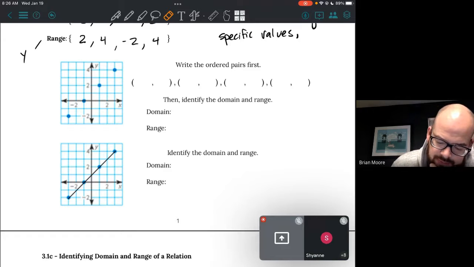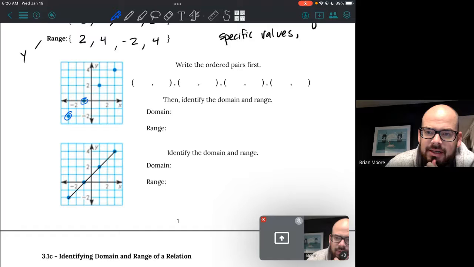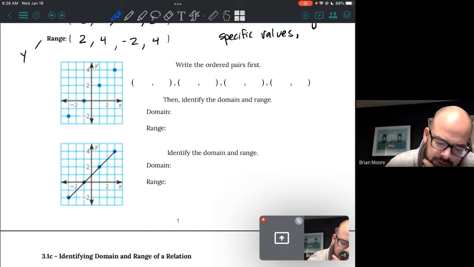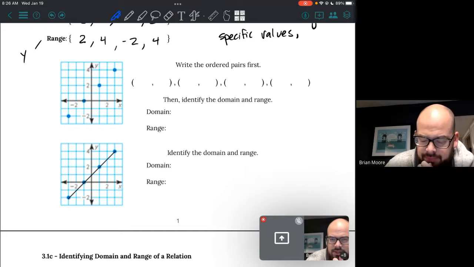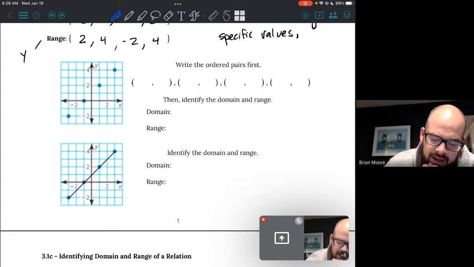Okay, so top. So we have 1, 2, 3, 4 points. Can we continue from this point to this point? How would that look if we were going to continue on from one point to the next? We would connect them. If we don't have any space, think about it like a bridge.